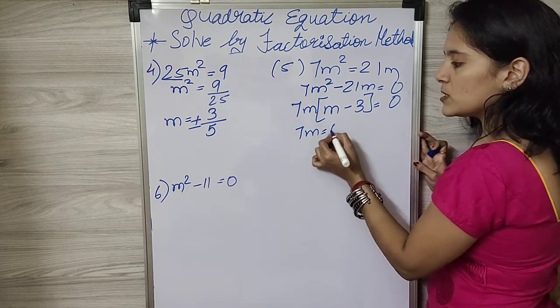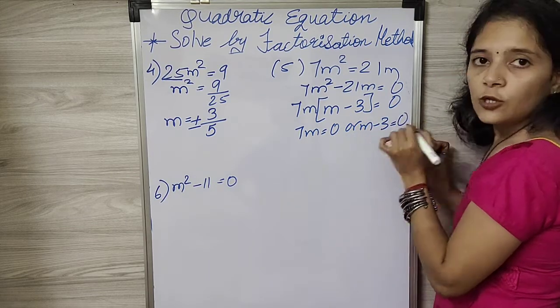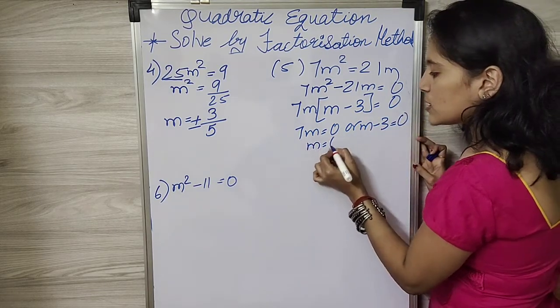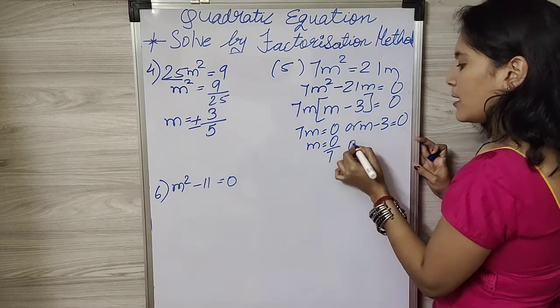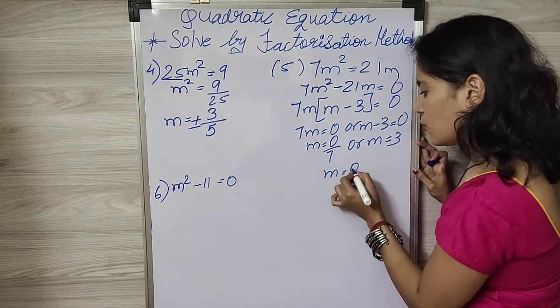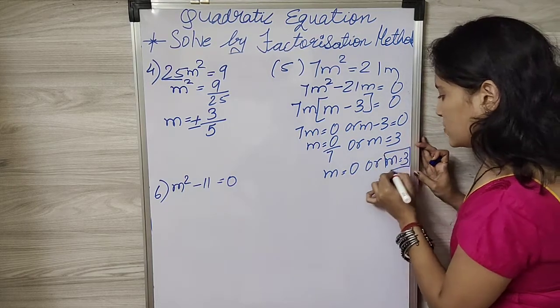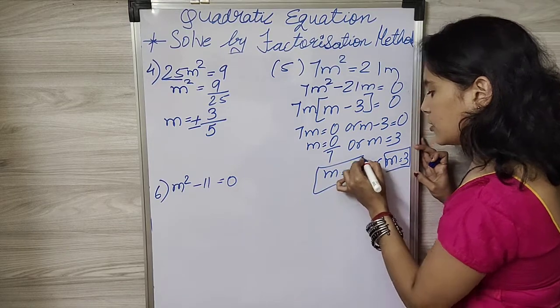So 7m is equal to 0 or m minus 3 is equal to 0. m is equal to 0 by 7, or m is equal to 3. That is, m is equal to 0 or m is equal to 3. I got both values for this question.